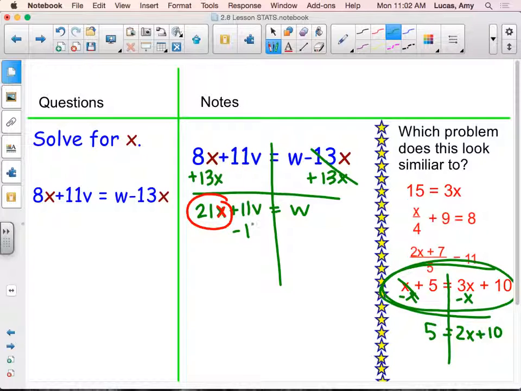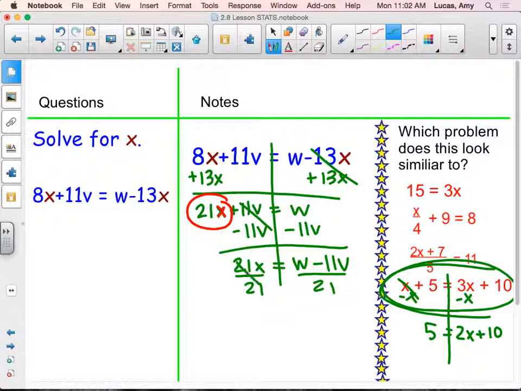So I will subtract the 11v on both sides to get rid of it. So 21x equals w minus 11v. They're not like terms, so keep them side by side, and then divide both sides by 21. So x equals w minus 11v, all divided by 21.